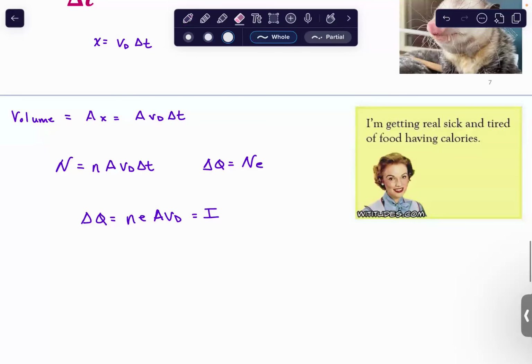Oops, sorry, I missed a delta t. Delta t, and then if I divide through, we get our relationship to current. So next time we'll solve a problem starting to use this.